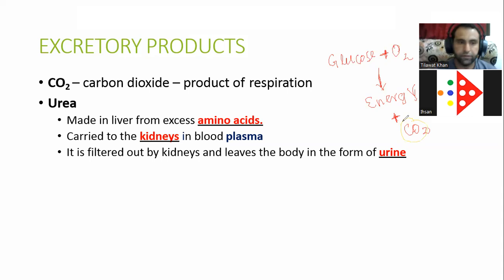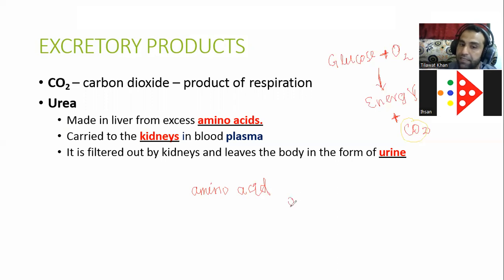All right, good. Now, urea is made in the liver from excess amino acids. Do you know about amino acids? Good, no problem. Amino acids are the building blocks of protein.